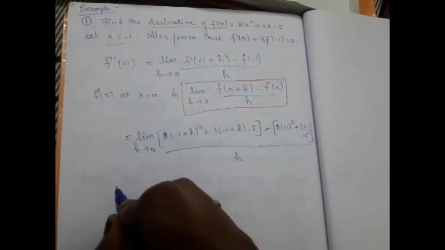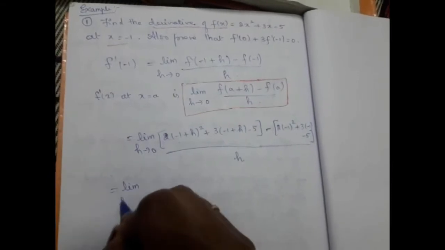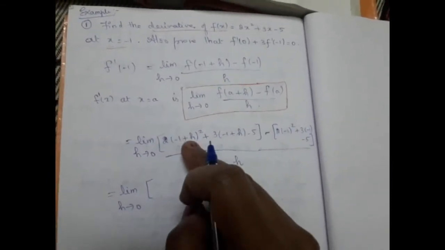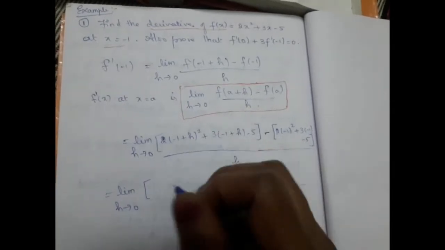Right? So which is equals to limit h tends to 0. This should be expanded using a plus b the whole square identity.